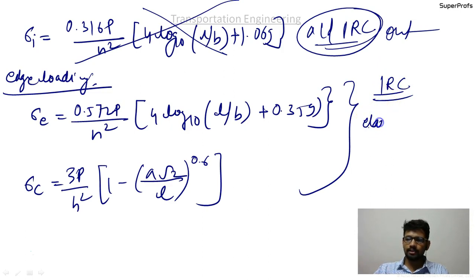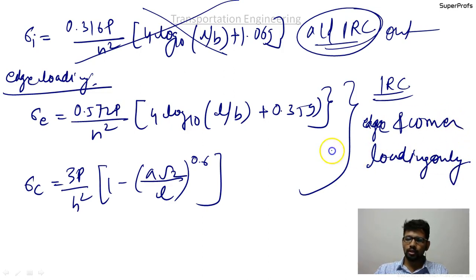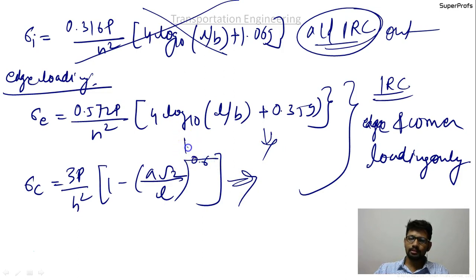They have also not directly taken this formula, but have slightly modified it. In place of 0.6 they have taken 1.2, that was modified by Taylor and Sutherland in 1936. Both the edge and the corner formulas have been modified and given in the IRC.